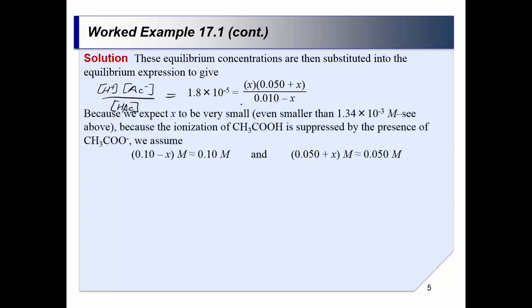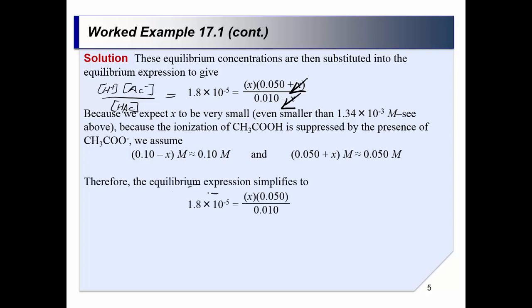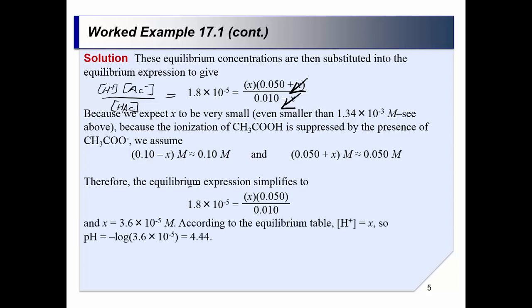Now, because we expect X to be small, we can simplify and just work the problem. 1.8 times 10 to the negative 5 equals 0.050x divided by 0.010. Do that arithmetic and find that X is approximately 3.6 times 10 to the negative 5.